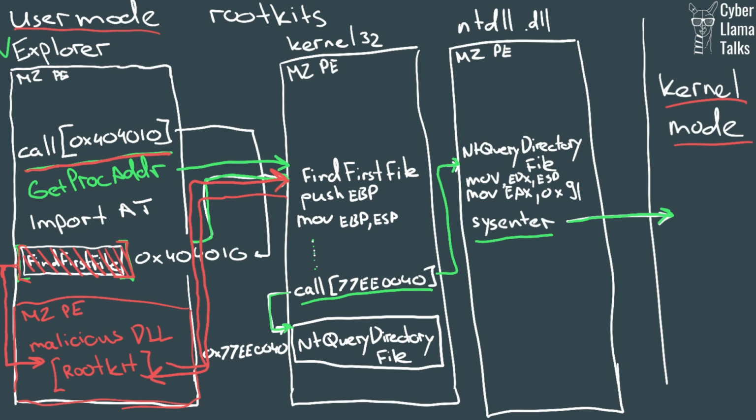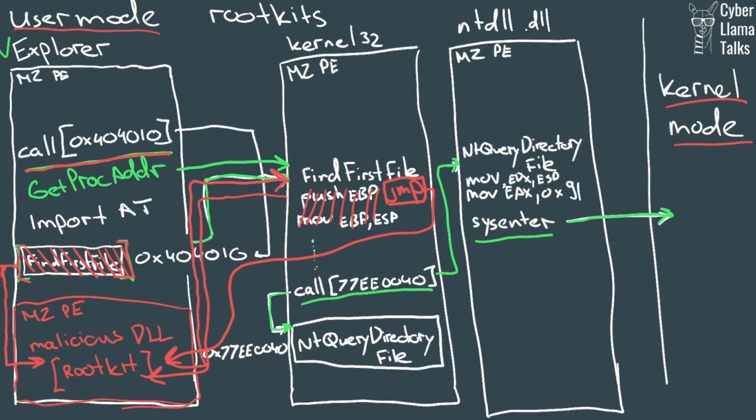To solve this problem, rootkits would usually override the first bytes of the actual function with a jump into malicious memory. So when FindFirstFile is called, instead of the first two instructions, push EBP, mov EBP, ESP, which is a very standard stack frame, it would execute the jump to the malicious DLL.